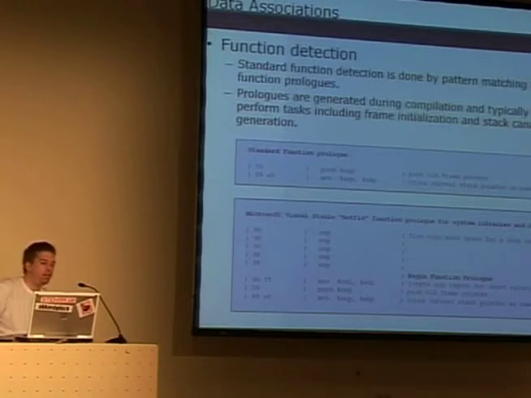And Microsoft, in Visual Studio, has now modified the function prologue a little bit. I thought I'd point it out. They've added a move EDI, EDI in front of the push EBP and move ESP, EBP, and they've also included 5 no-ops prior to the function prologue. This is in all system libraries and system drivers for Windows. What it allows you to do is apply trampolines elegantly without having to overwrite a couple of bytes of the actual beginning of that function.